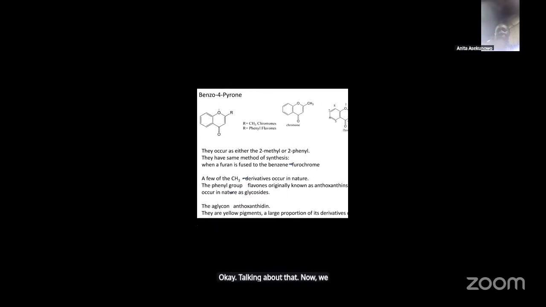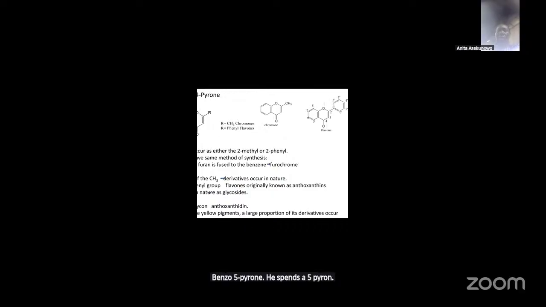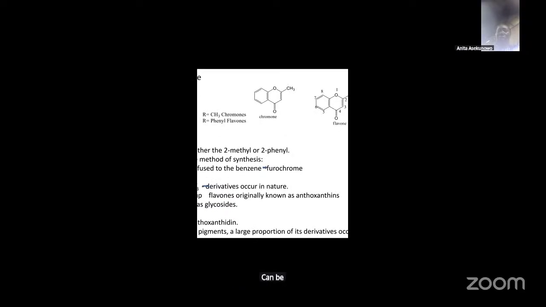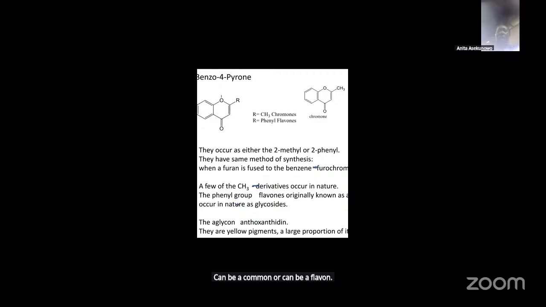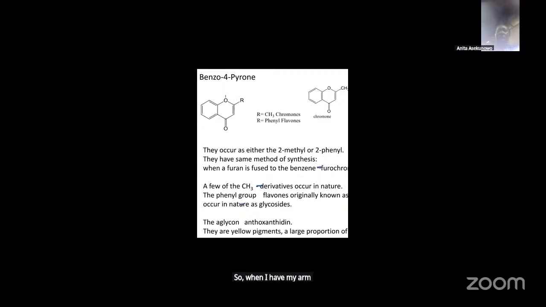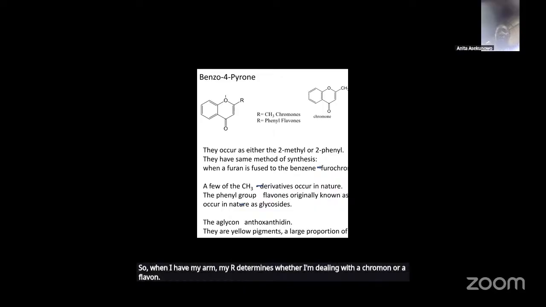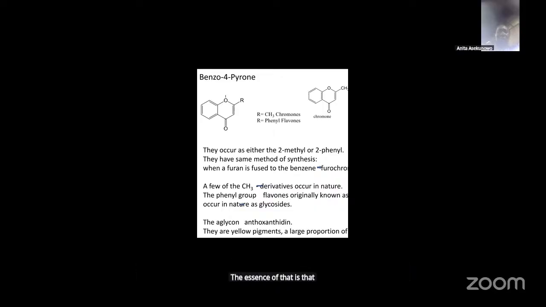Okay, talking about that. Now we are here in this lecture talking about benzo-5-pyrone. This benzo-5-pyrone can be a chromone or can be a flavone. So my R determines whether I'm dealing with a chromone or a flavone. The essence is that it's going to help us in terms of reaction.